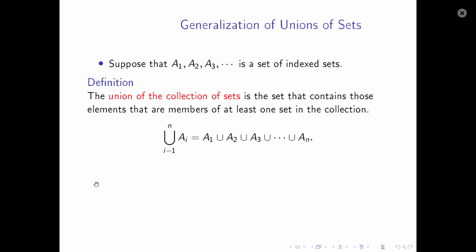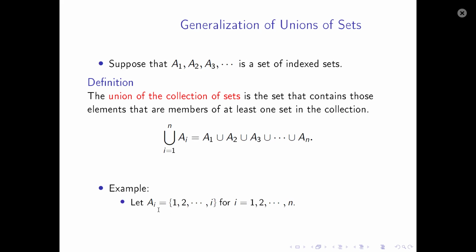All right, so let's talk about generalization of unions. Suppose I have a whole bunch of unions. So if I do this, this looks like the summation notation and the product notation we did before, but it's a union notation over all those index sets.